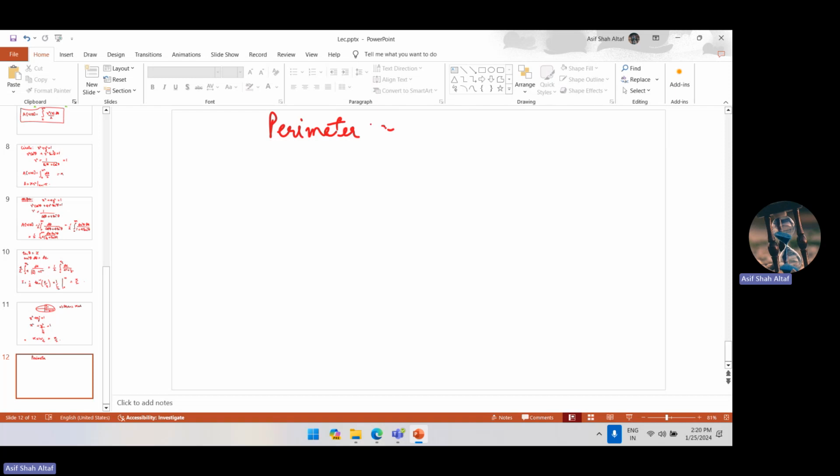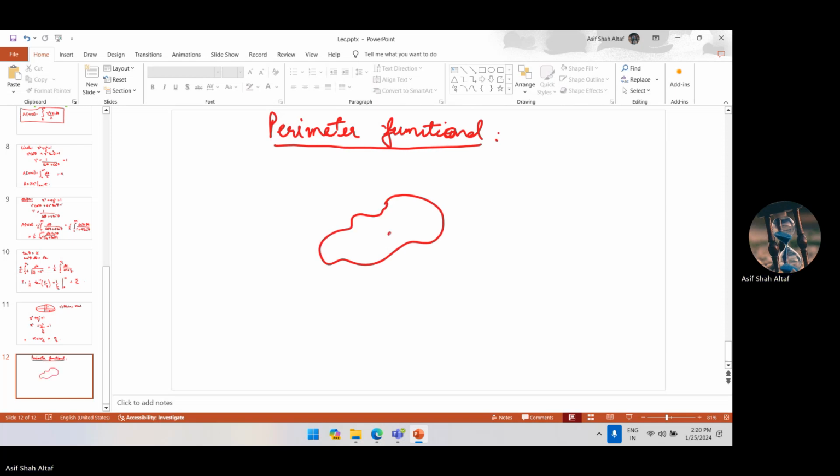So let's derive the perimeter functional. We'll again use some curve, suppose like this. Okay.